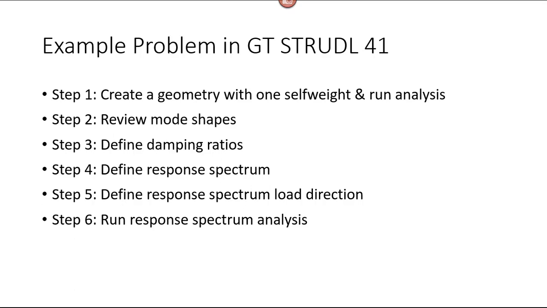Now we're going to move on to defining damping ratios, defining the response spectrum, which is the response spectrum curve that I talked about in the previous video, and then defining the response spectrum load directions, and then running the response spectrum analysis. So I just wanted to give you a roadmap of where we're going.